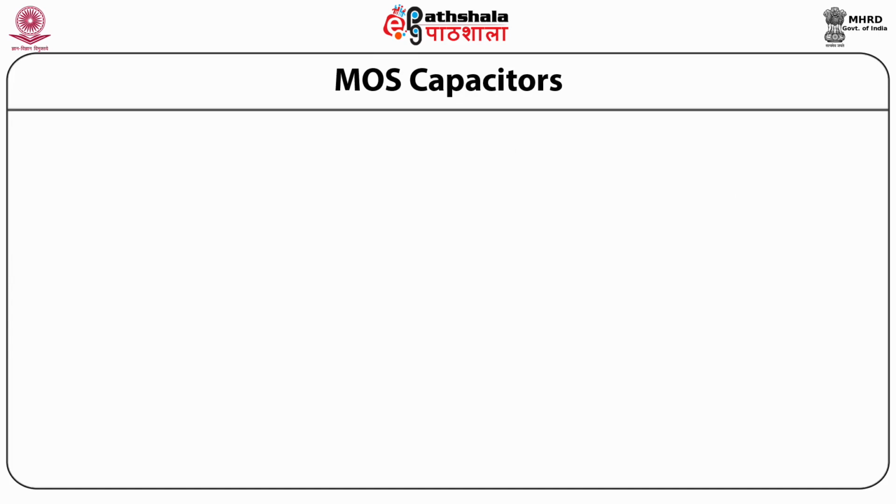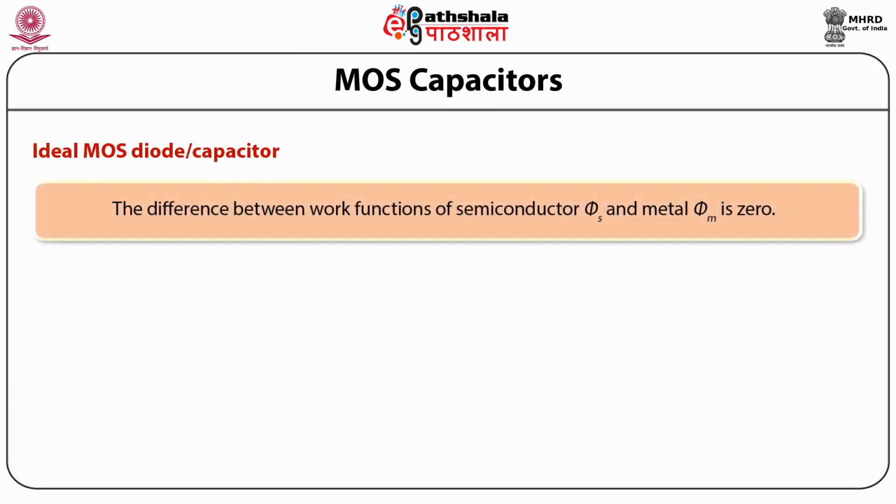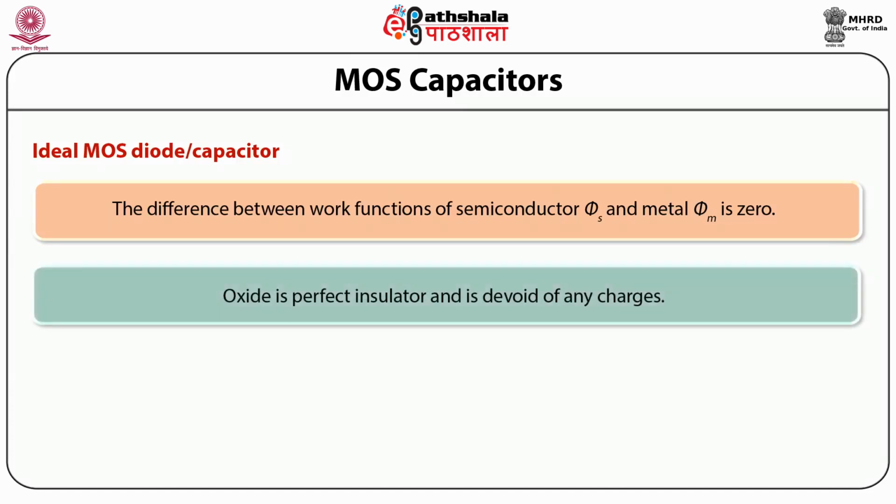Now the conditions for the ideal MOS diode or capacitor are: first, the difference between the work functions of the semiconductor and metal, that is phi s and phi m, is 0. Second, the oxide is a perfect insulator and is devoid of any charges.